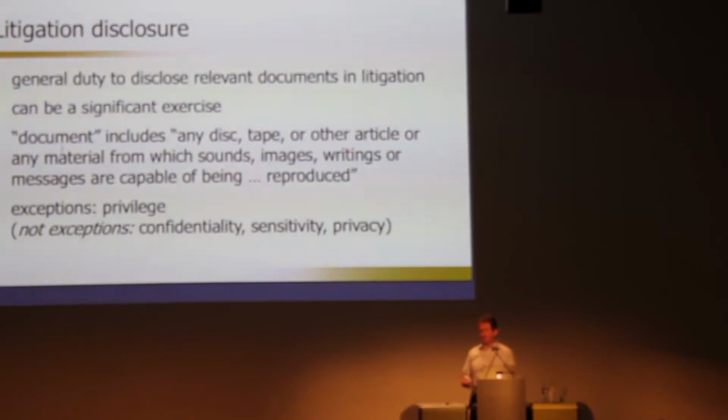So yes, you probably do have to disclose what's relevant in your personal email that is within the reach of the company. If the company is basically you, that essentially means everything that you control. So that's litigation disclosure, just one to keep in the back of your mind.